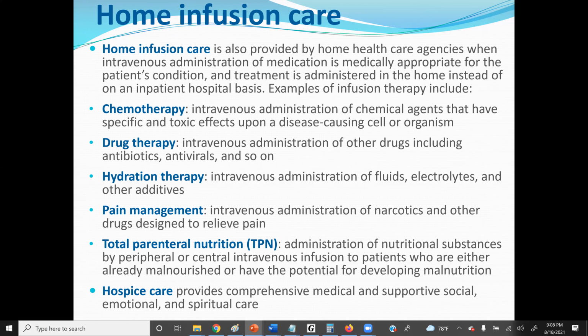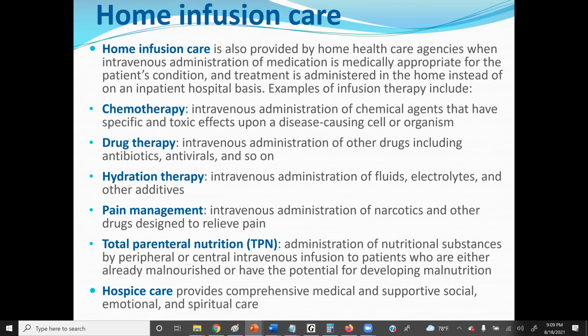So, intravenous administration of chemical agents that have a specific and toxic effect upon disease-causing cells or organisms. Also, we have drug therapy, intravenous administration of other drugs, including antibiotics, antivirals, and so on. Hydration therapy, which can be intravenous administration of fluids or electrolytes and other additives.